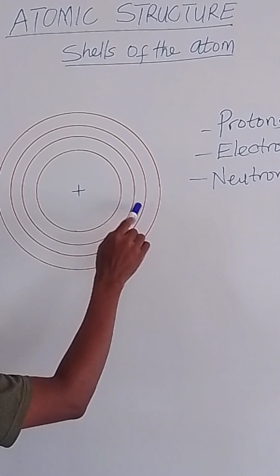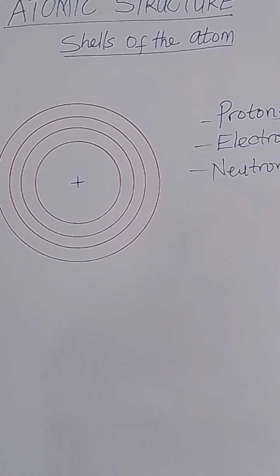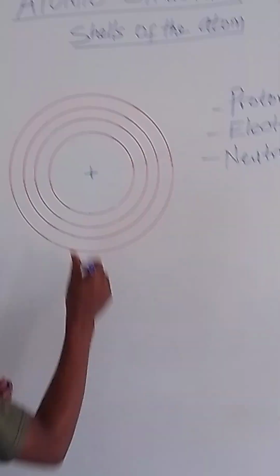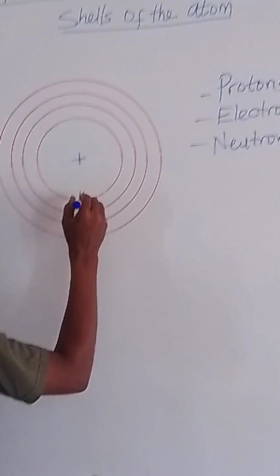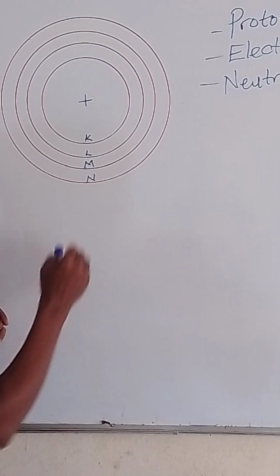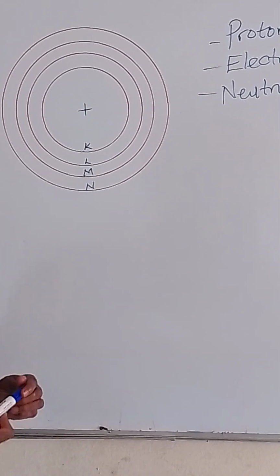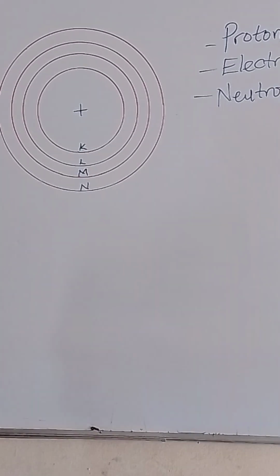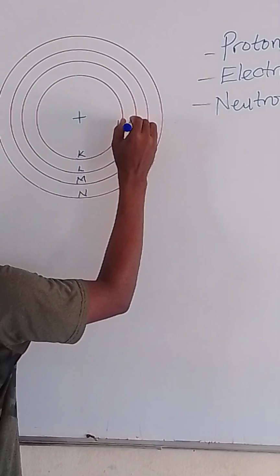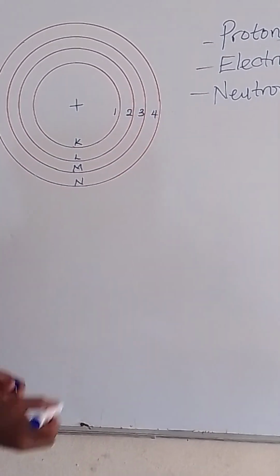So these represent the different shells of the atom. The shells are lettered K, L, M, N, etc. And of course, they are also numbered: 1, 2, 3, 4, etc.